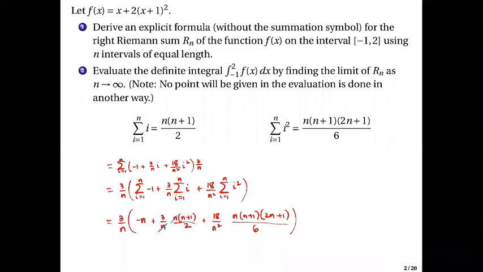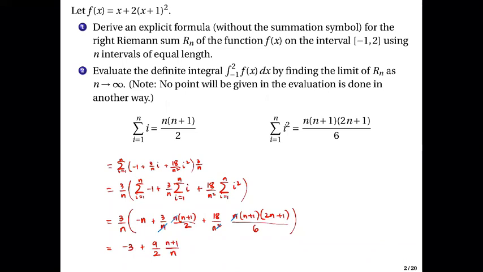And then we can cancel one of this with this. And then we'll just distribute this 3 over n here. So if we distribute this, we'll have -3, plus 9 over 2n plus 1 over n.